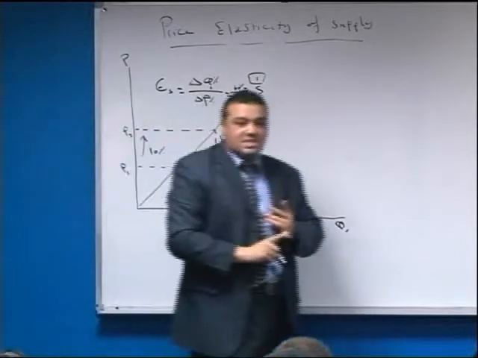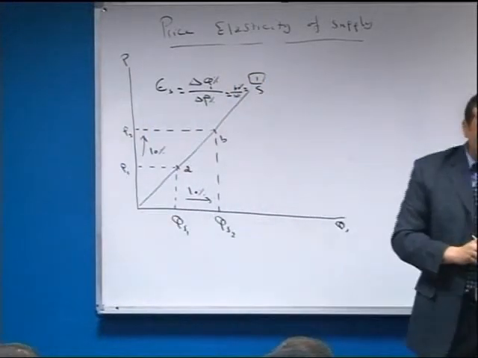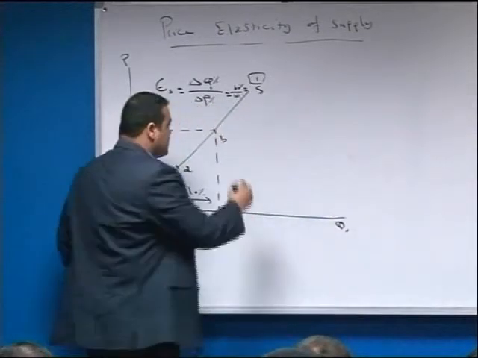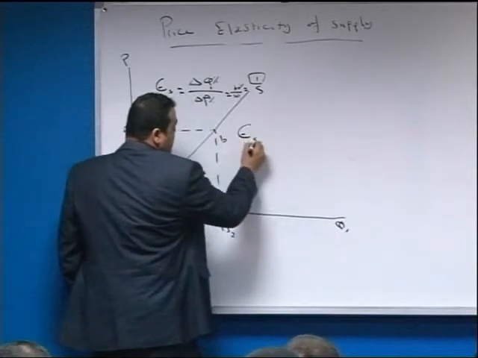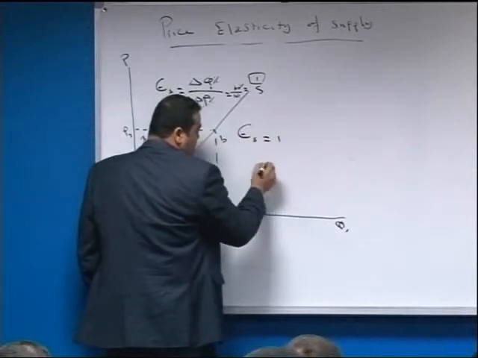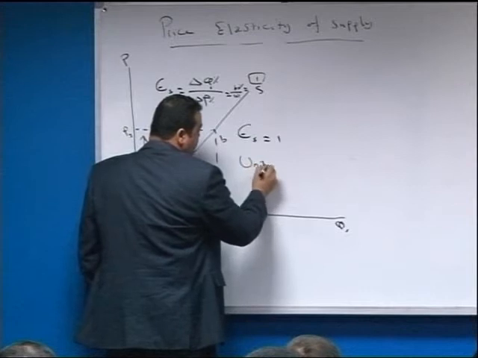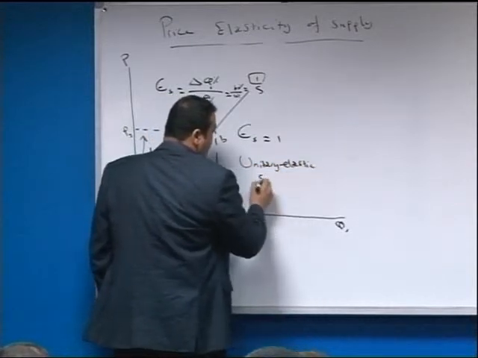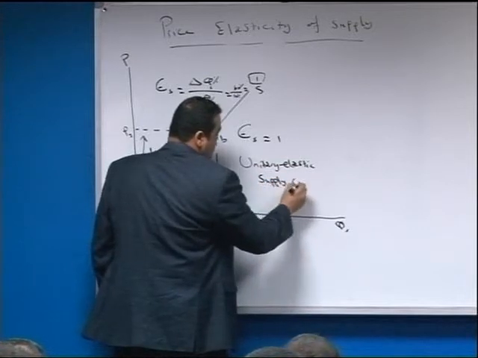So if the price elasticity of supply equals 1, in this case, supply is unitary elastic. So it would be a unitary elastic supply curve.